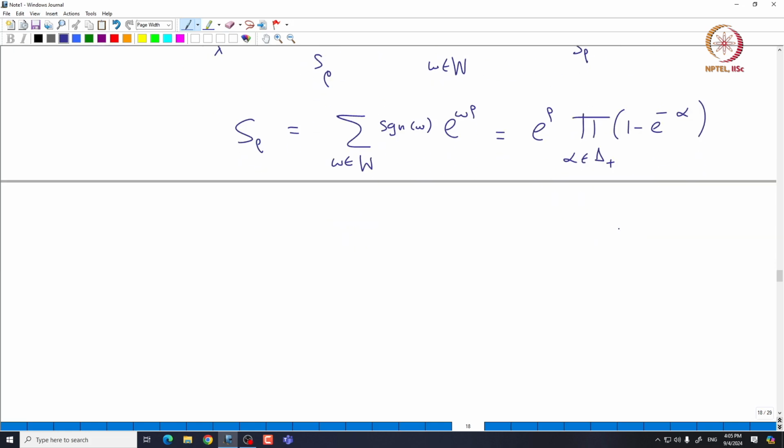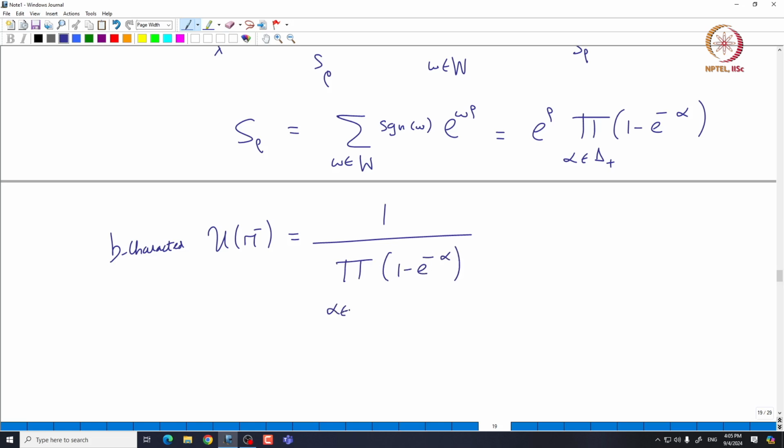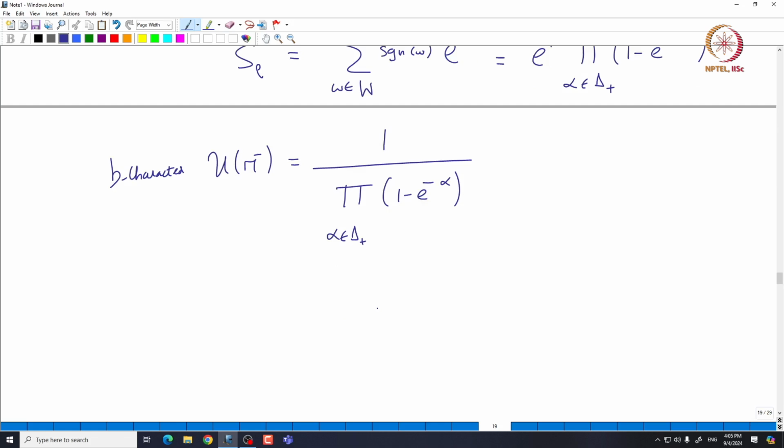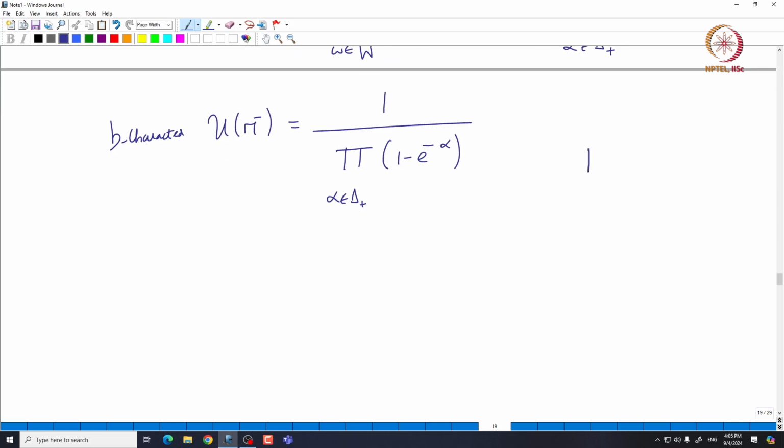If you think about it, the h character of U n minus is exactly given by 1 divided by the product of 1 minus e power minus alpha, alpha in delta plus, since M of lambda is isomorphic to U n minus as an h module.